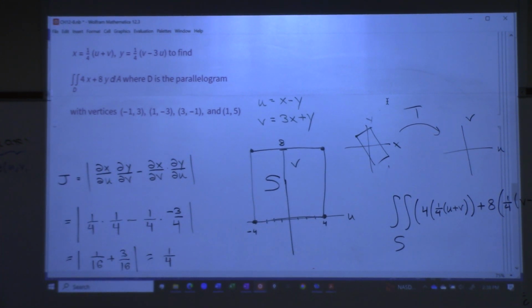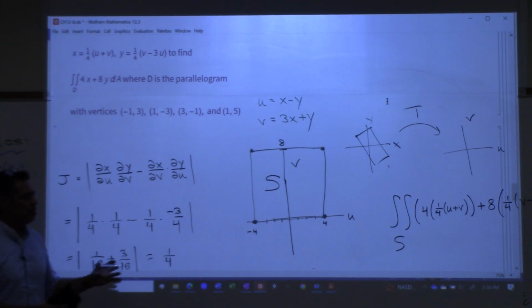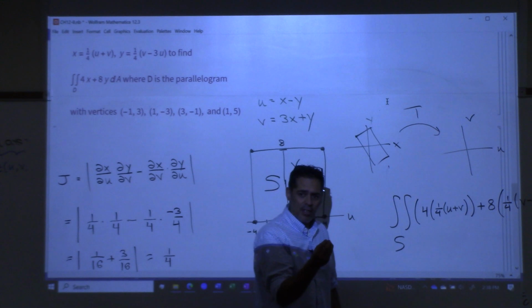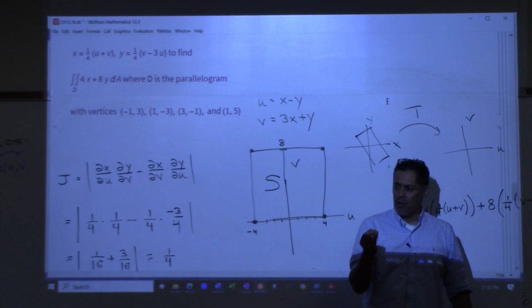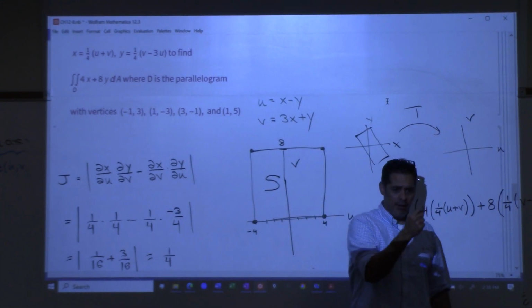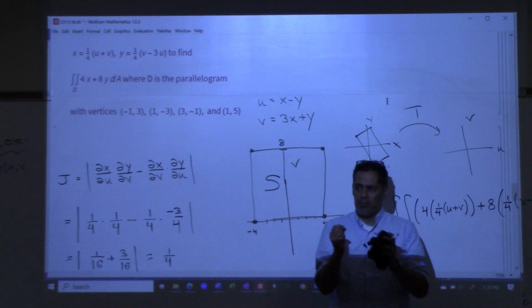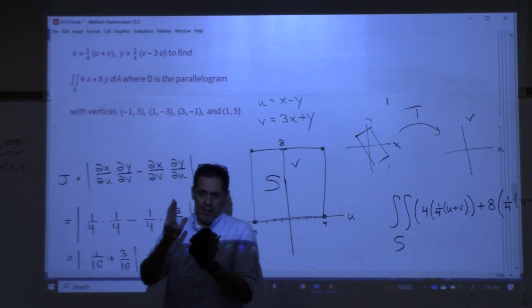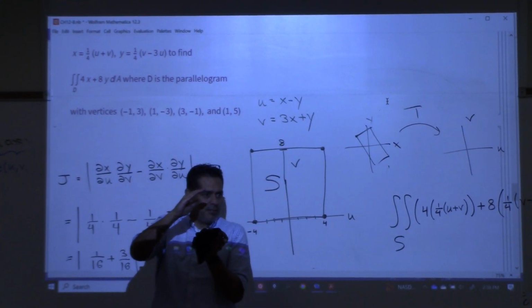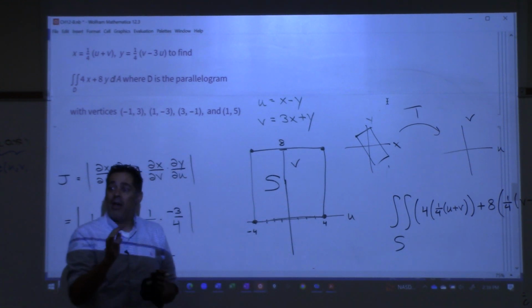See, this was a linear transformation, so there was no twisting or curving of anything. Lines went to lines. Because it was a linear transformation, our Jacobian determinant is a scalar. It's not like the polar conversion where we had r, which is not a scalar. When you go from Cartesian to polar, there's a turning and twisting of things; they get manipulated, but not linearly.